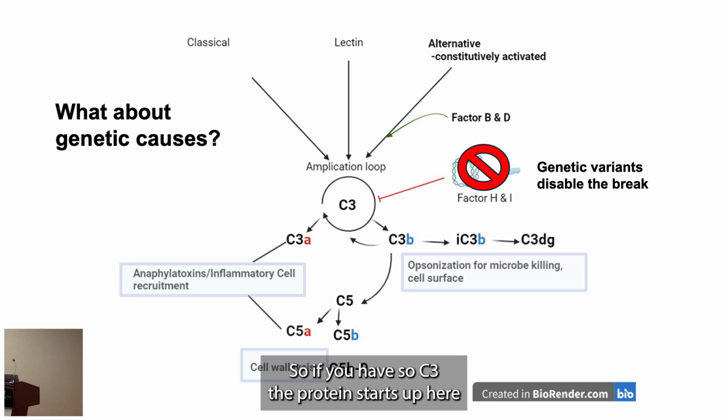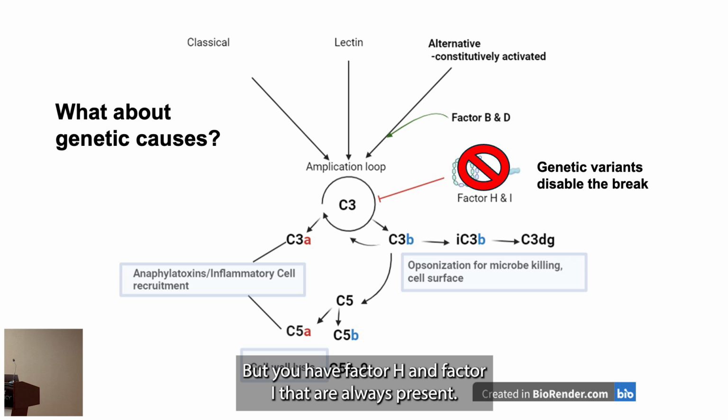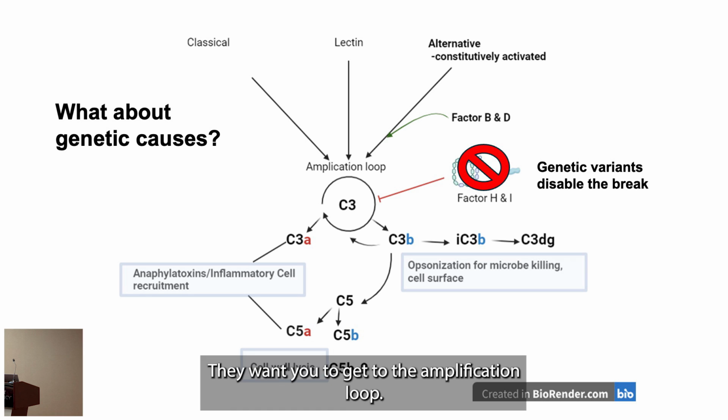So C3, the protein, starts up here, and it's constantly activated at just a low level. But you have factor H and factor I that are always present, and they're the biggest brakes of the system. Factor B and factor D are sort of the gas of the system. They want you to get to the amplification loop.